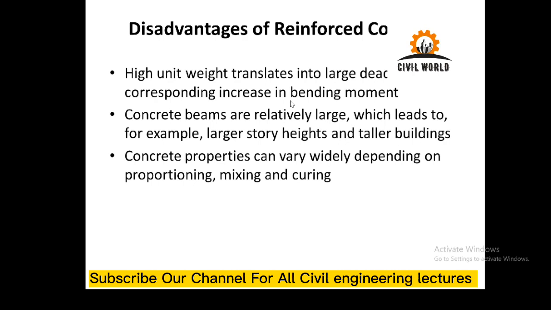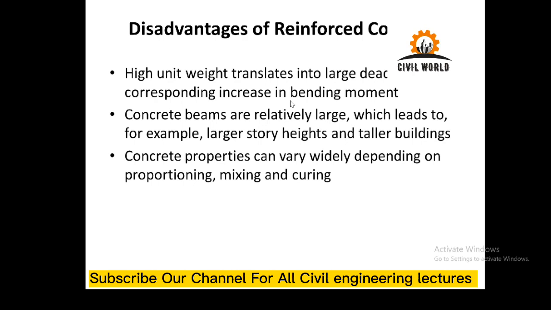Concrete properties can vary widely depending upon the proportioning, mixing, and curing. Thus, on site, it depends upon the workmanship. If poor workmanship is followed on site, if the mixed composition of concrete is varied, if more water is added into the concrete, or if less cement is added, it will be subjected to a wide range of changes in its final compressive strength, or final strength of the members.